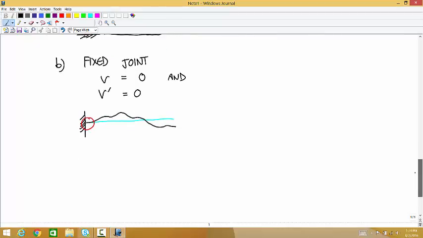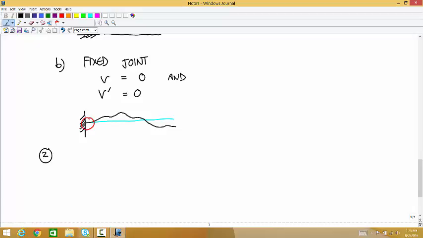Okay, and the last thing is, now this is the second type, that A and B were the first type, which are external joints. You could also think of any places on the beam as being fixed joints between one part of the beam and the adjacent part of the beam.